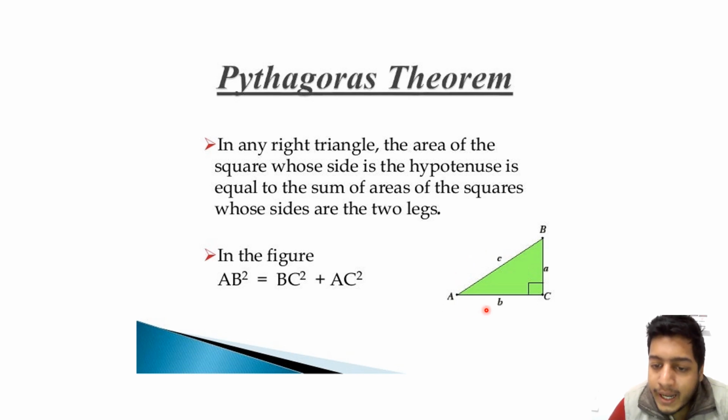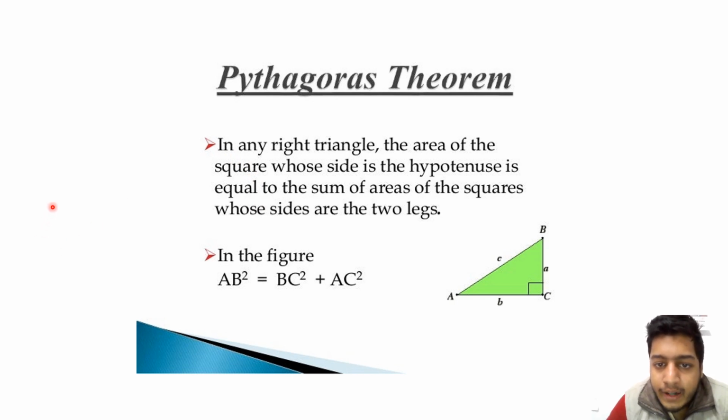I told you a triangle is a 2D shape which consists of three sides and three angles. So AB, BC, AC are the three sides respectively, and angle BAC, angle ACB, and angle ABC are the three angles respectively, wherein angle ACB is equal to 90 degrees. Okay, so let's start reading.